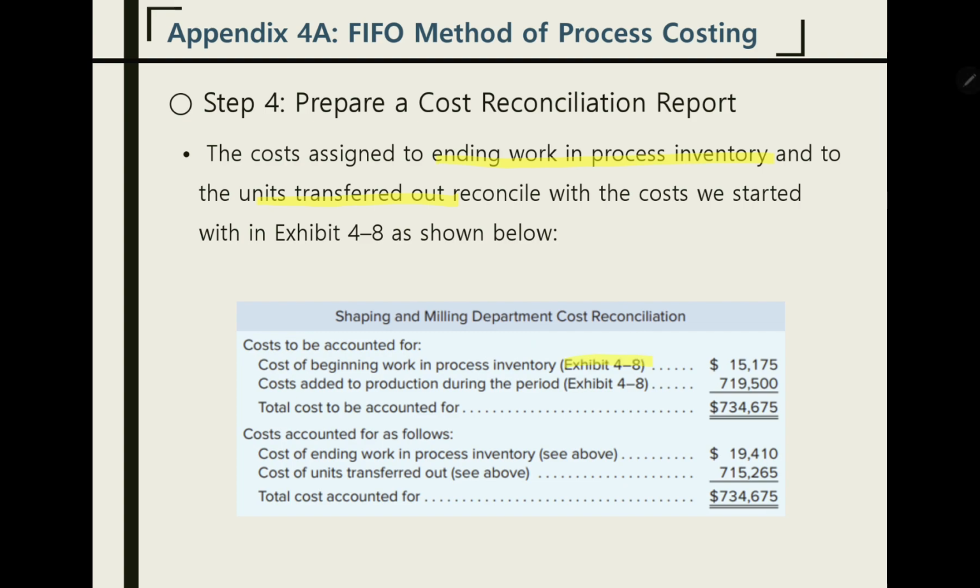So remember that in exhibit 4-A in the last class, the cost of beginning work in process inventory was 15,175 and the cost of production during the period is 719,500. So the total cost to be accounted for is $734,675.